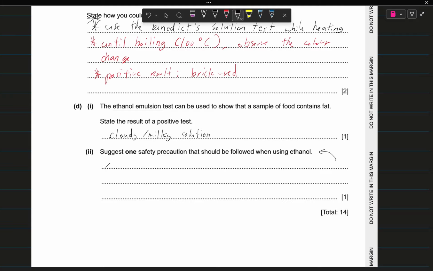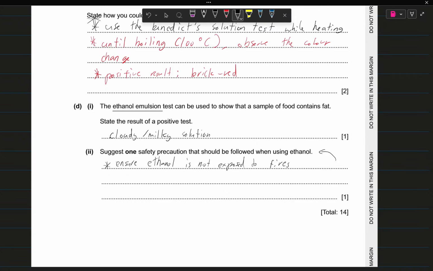So you should ensure that ethanol is kept away from heat, from any fire. Ensure ethanol is not exposed to fires.